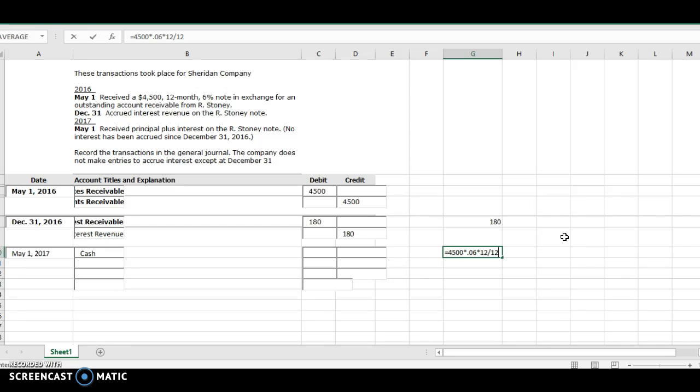We could also not include it, and that'll equal 270. So 270, it's 4,500 plus this guy equals 4,770.